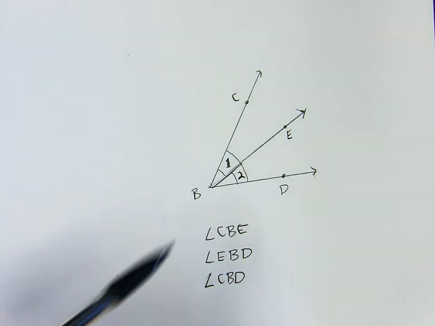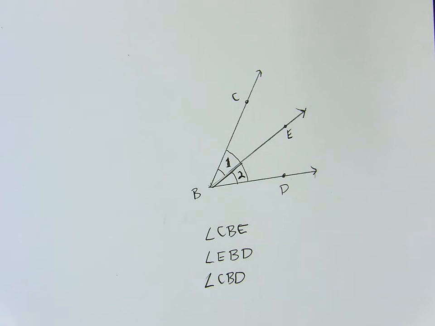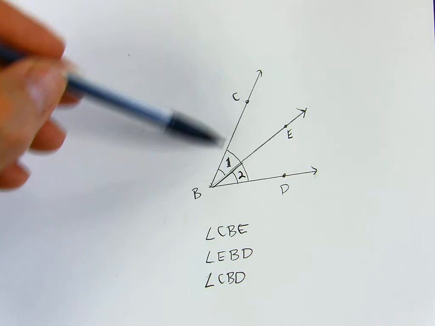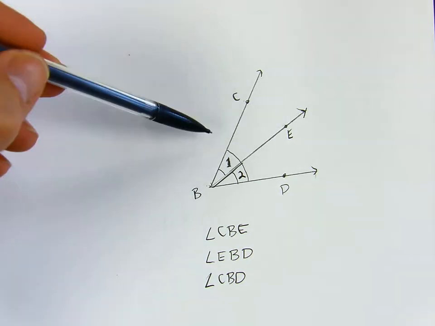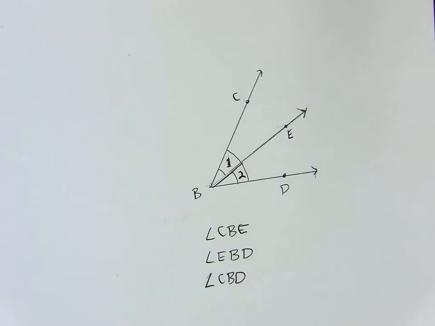Those labels just make it quick and easy when you're looking at a picture with a bunch of angles. When you say angle 1, it's quick and easy to identify. You don't have to look and trace around the angle. When I say angle CBE, which is the same angle, you have to look at CBE to determine which one you're talking about, which two rays the angle is formed by. So angle 1 and 2 are just convenient ways to make it easier to name angles real quick.